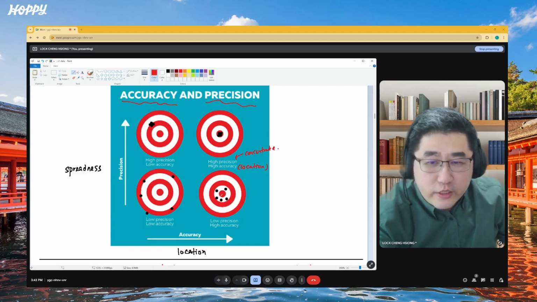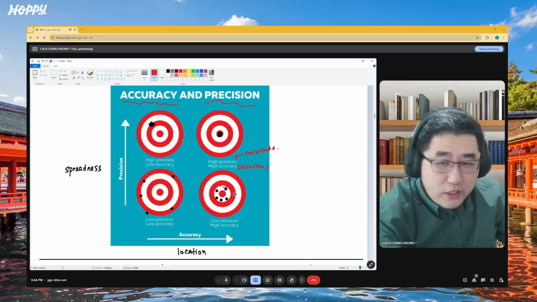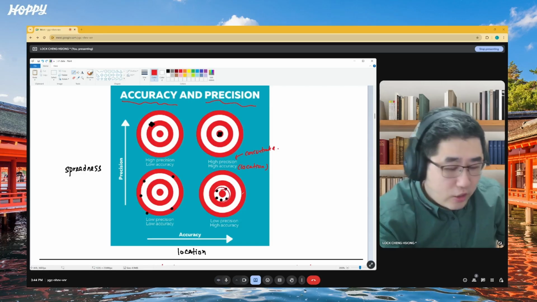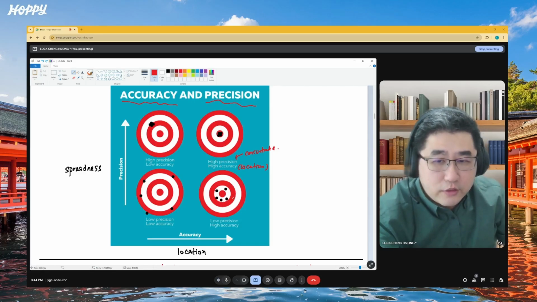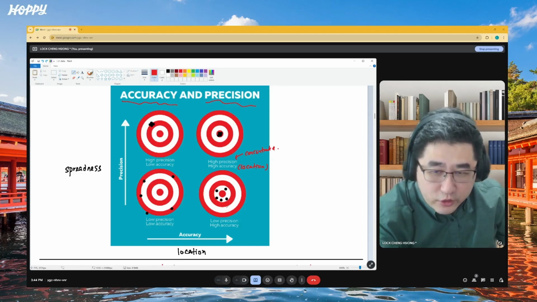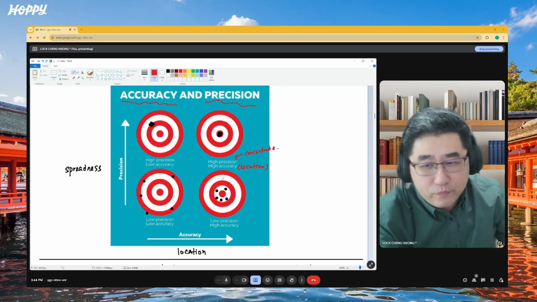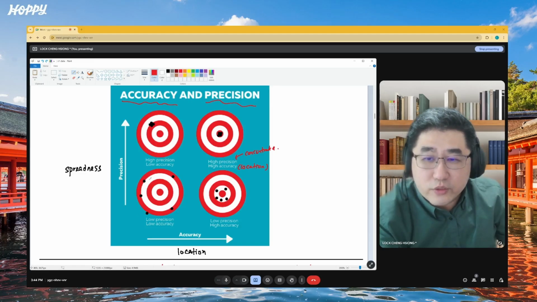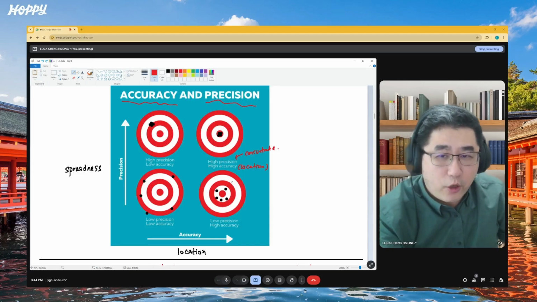You can also have high accuracy and low precision, where all the throws are near the target but still a bit widely spread, or low precision and low accuracy.